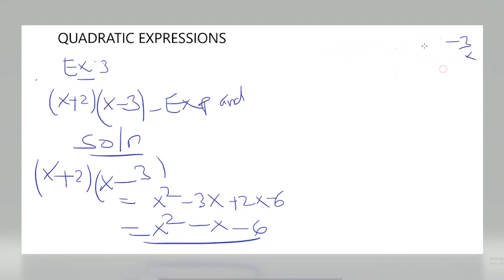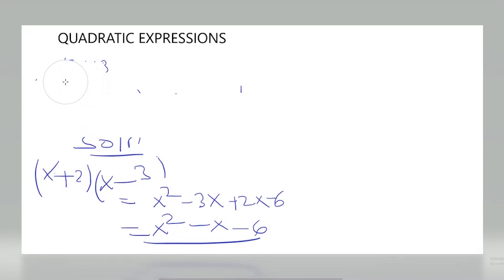Now let me give you another example and the final example on this part. Example number 4, the final example. Now assume you have this: a minus b squared.